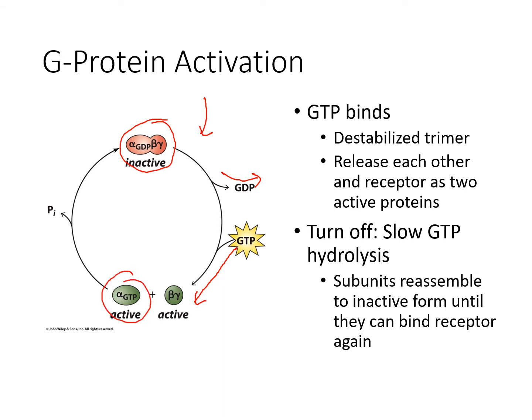This leads to the dissociation of the alpha subunit from the beta and gamma subunits, and both of these can be active.